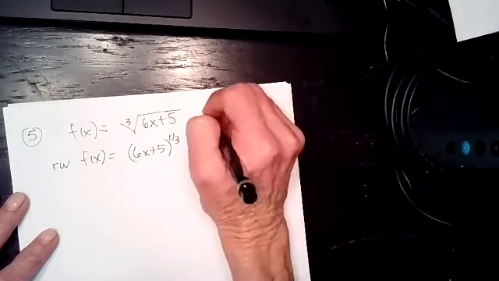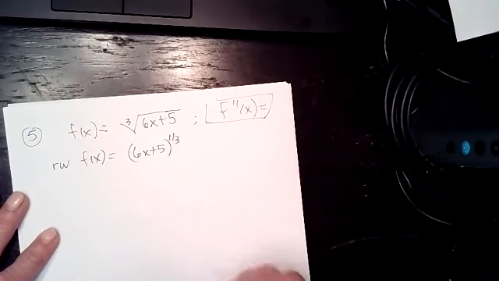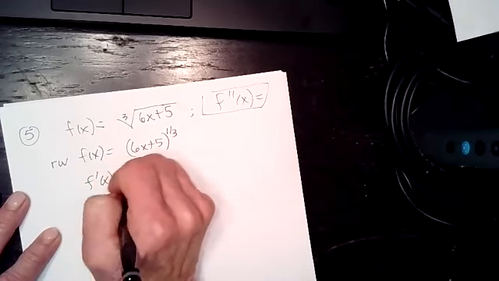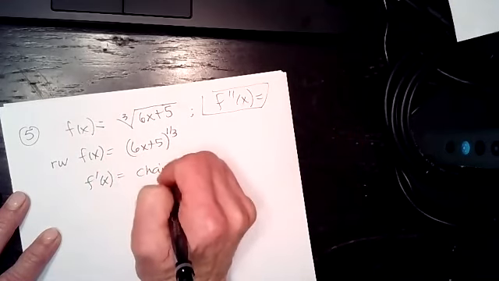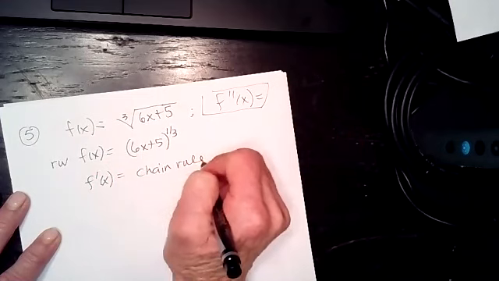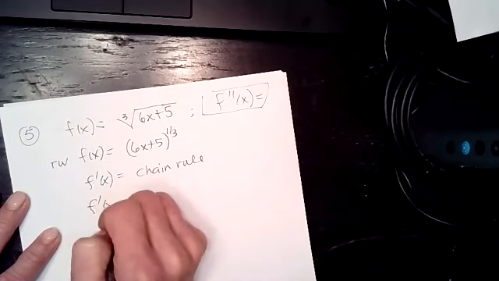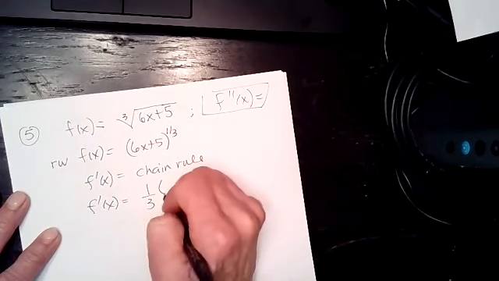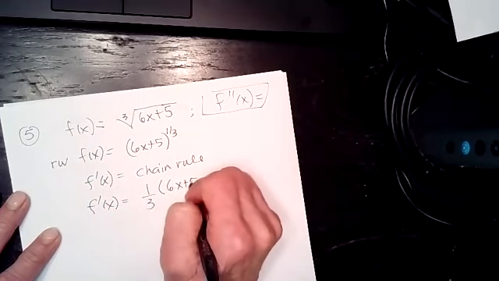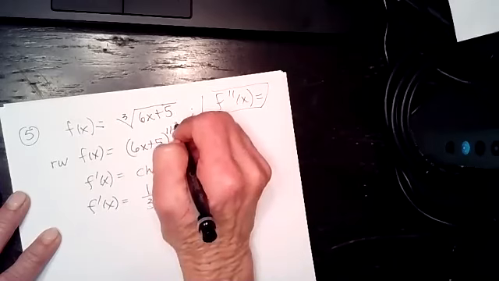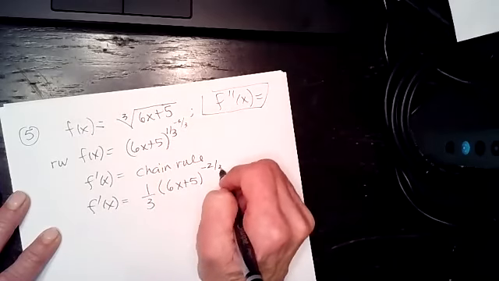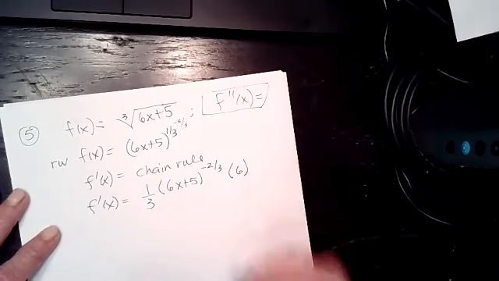They want the second derivative, so we're going to do the first again, using the chain rule. So f prime of x is 1/3 times the inside. We don't ever change the inside. We can't go in there because it's to a power. So minus 2/3 times the derivative of the inside.